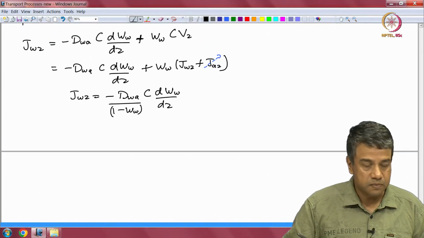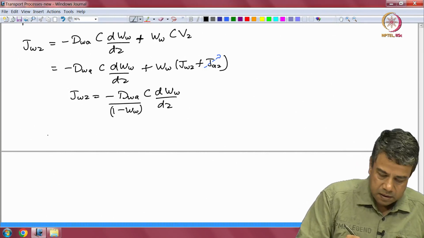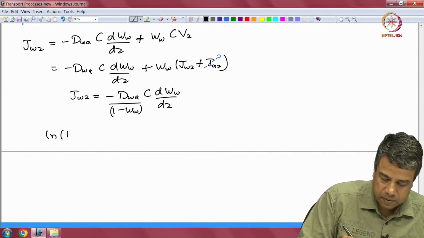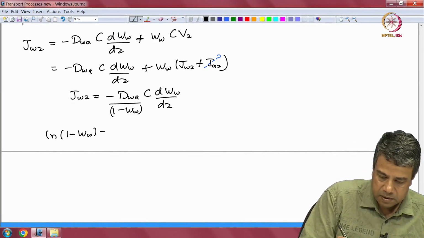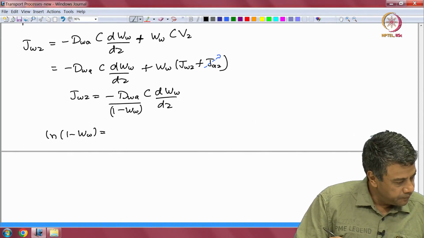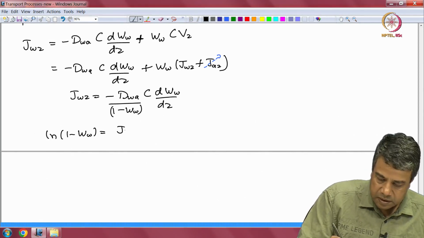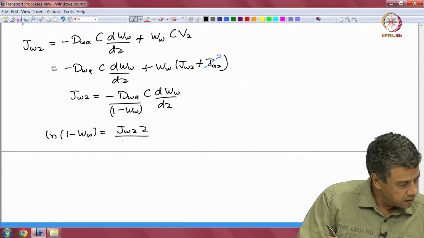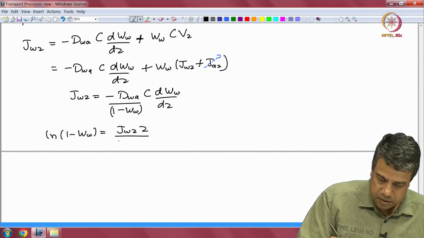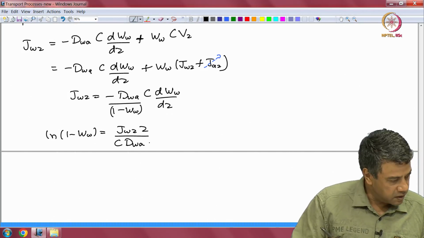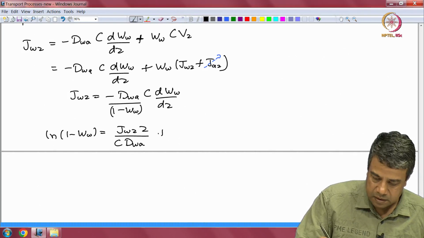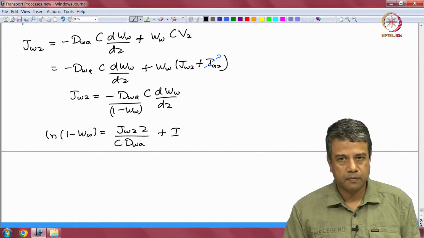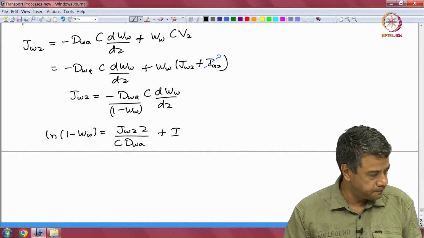So, I can integrate this once. The natural logarithm of 1 minus WW is equal to JWZ Z by C d (the diffusion coefficient) plus some constant of integration.